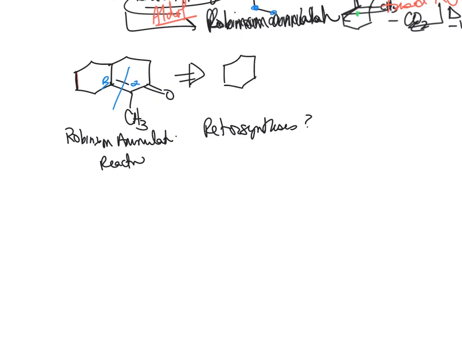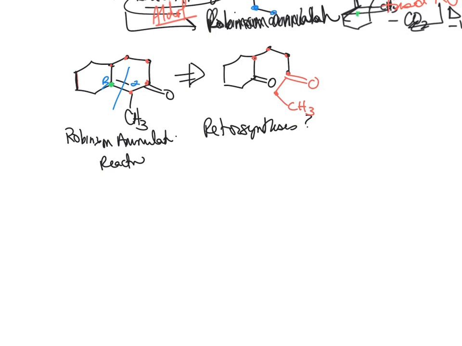Okay, so the beta ketone. You see that? We keep the ring here. A lot of people miss this a lot of times. So I kind of even draw it the same way, right? 1, 2, 3, 1, 2, 3, 4. And we have a carbonyl, and then we have a CH3.